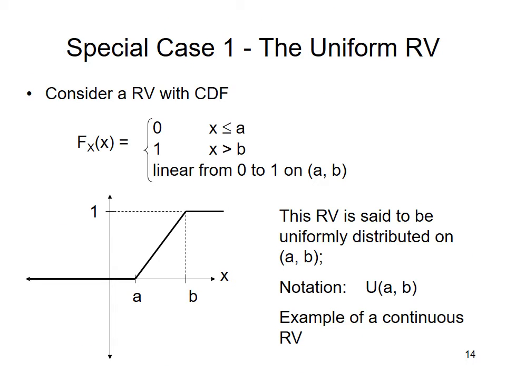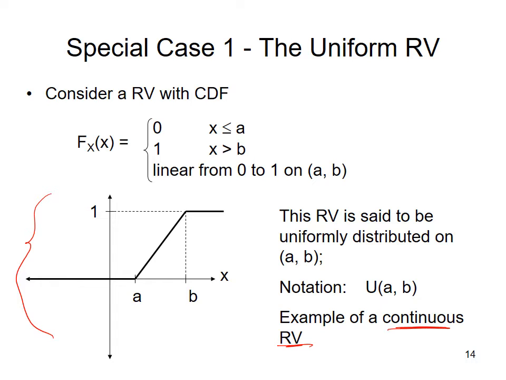And let's look at our first real-world special case of a random variable. This is a well-known random variable called the uniform random variable. Looking at the graph down here, we can see that it's a continuous function. So this is an example of a continuous random variable, right? Because the CDF is continuous.